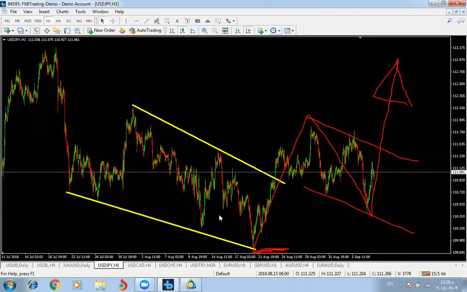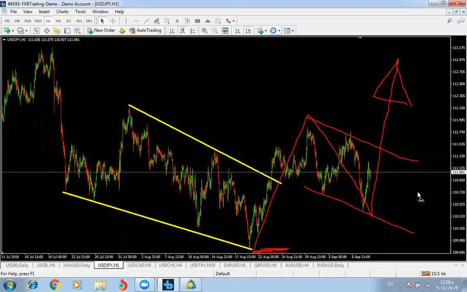But according to the dollar index Elliott count, I don't think the price is going to make extra corrections, since we have something called market correlations. Market correlations are telling us that the yen should move aggressively to the upside this week, gaining more and more strength.